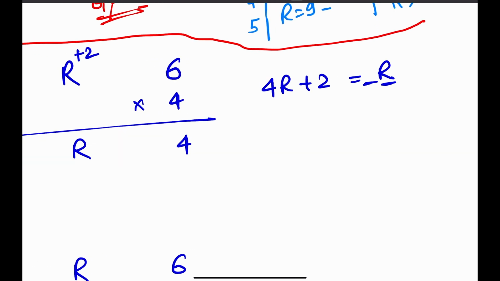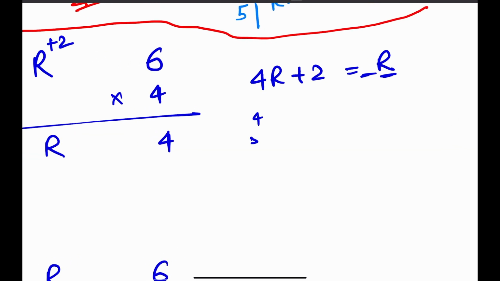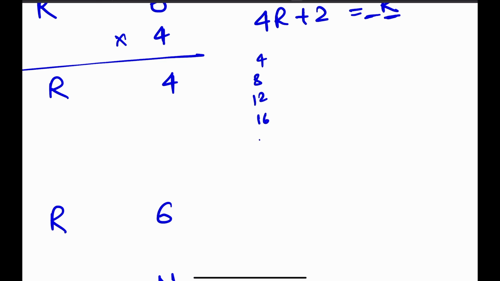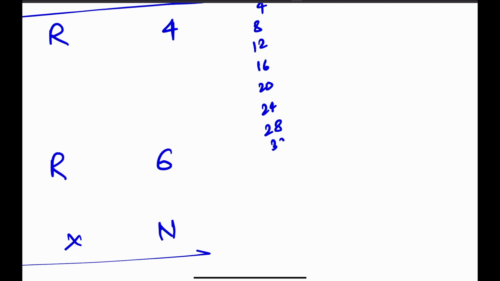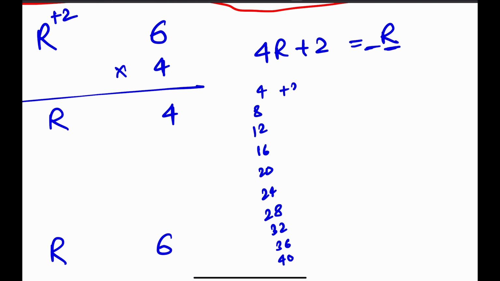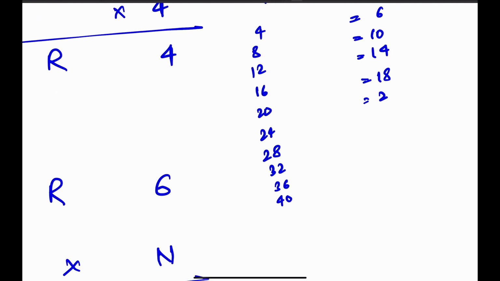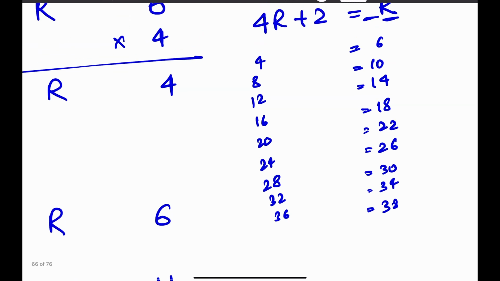Let's take the table of 4. So 4 ones are 4, 4 twos are 8, plus 2. So eventually it will be 6, 10, 14, 18, 22, 26, 30, 34, 38, 42. So this one is not even possible, so I will remove.